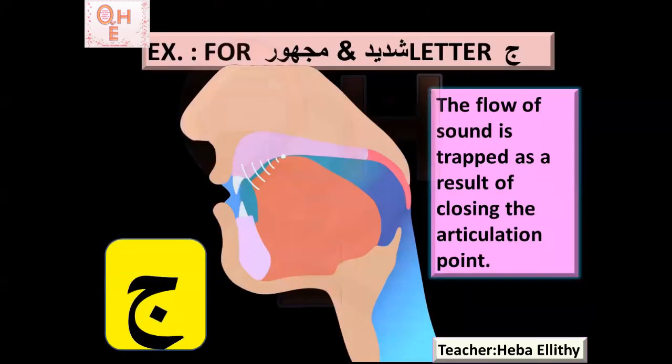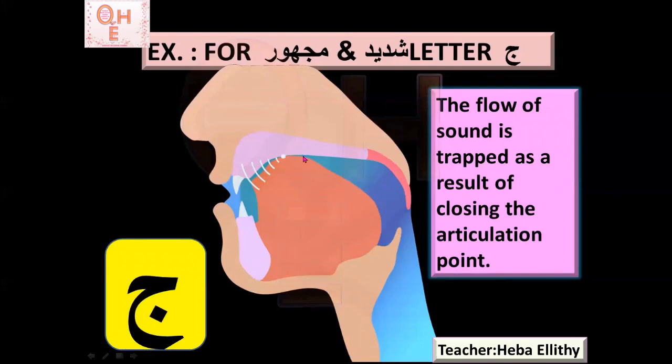Let's go and see more examples for it with drawing. The flow of sound is trapped as a result of closing the articulation point. Of course, I'm sure this is clear for you right now. When you try the letters, what happened? You close the articulation point and the sound is trapped by this closing. It can't go outside. So there is an example here, letter G. The sound is coming from inside to outside.